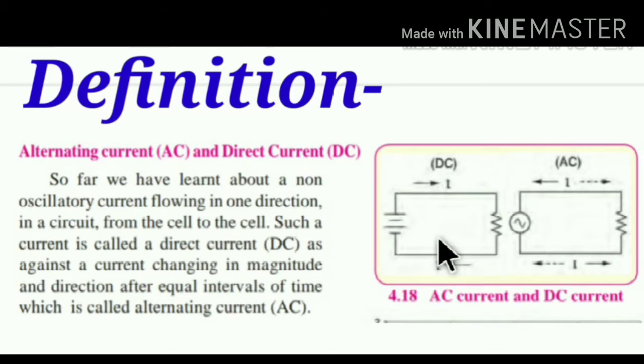Next, alternate current. In contrast to direct current, a current changing in magnitude and direction after equal intervals of time is called alternating current, that is AC. In this figure showing the alternate current, let's see here the AC generator and resistor.